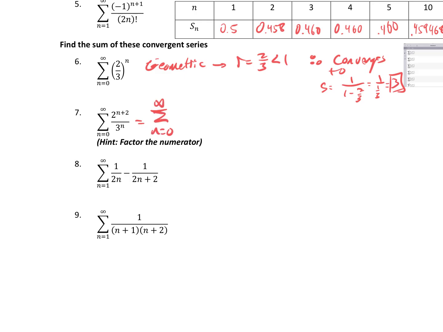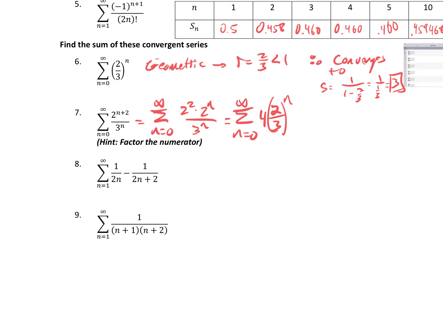And let's see, if we peel this off, we can write this as 2 squared times 2 to the n over 3 to the n. And so this now can be written as 2 squared, which is 4, times 2/3 to the n.